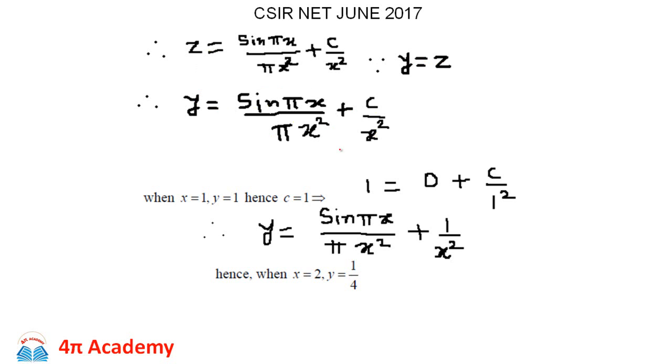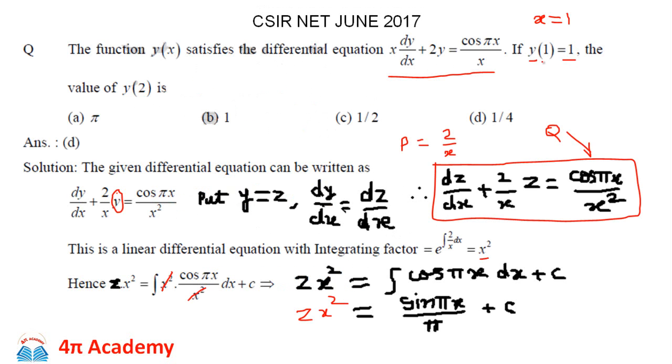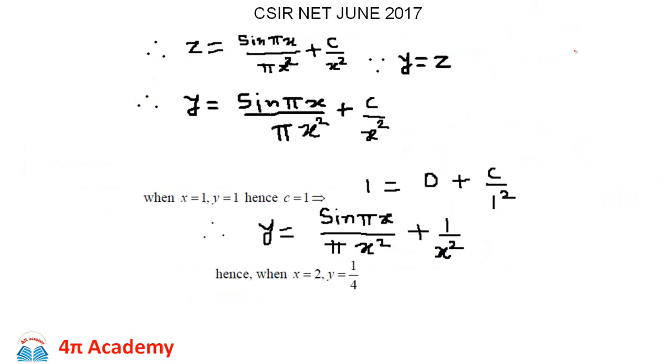Now we have given the condition in our problem that y of 1 is equal to 1. It means that when we substitute x is equal to 1, we get the value of y as 1. So let us substitute this condition.